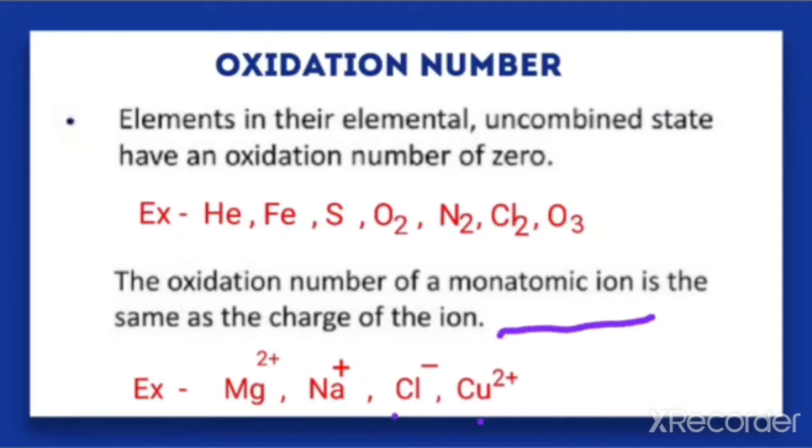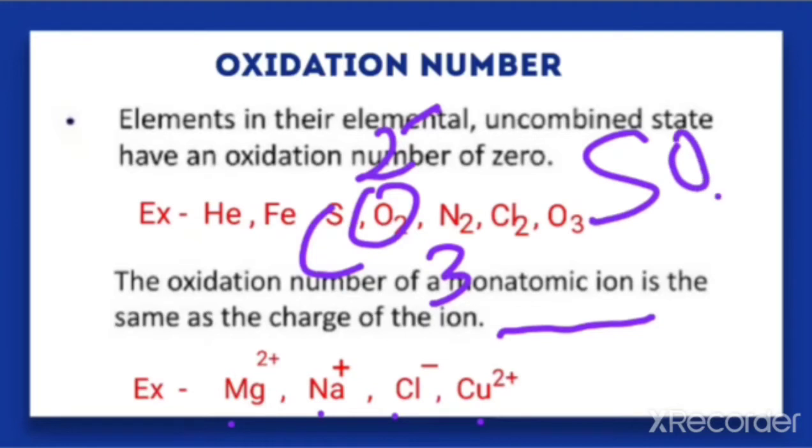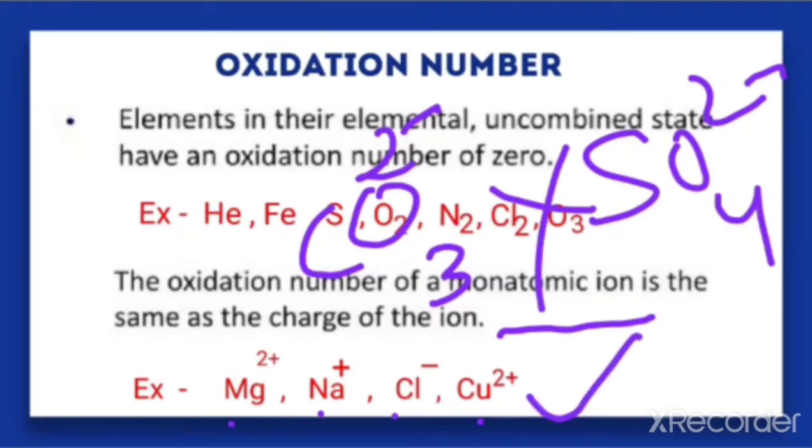That means when there is a single atom having a charge, it is called a monoatomic ion. The other ions like the carbonate ion, CO3 2 minus, are polyatomic ions. The sulfate ion, SO4 2 minus, is also a polyatomic ion. So this rule is not followed for these. It is only followed for ions which have a single atom with a charge.